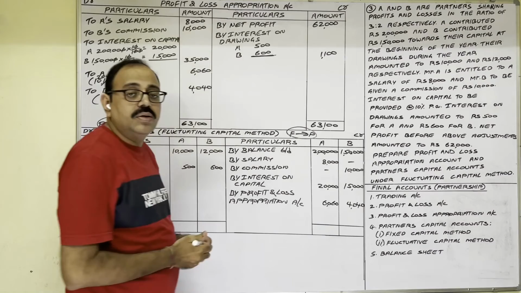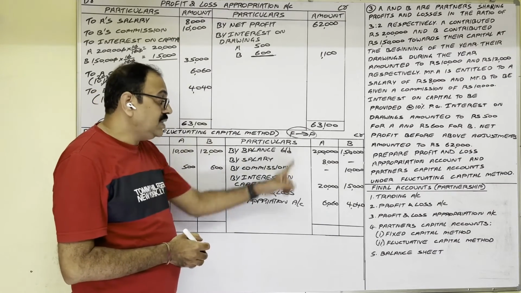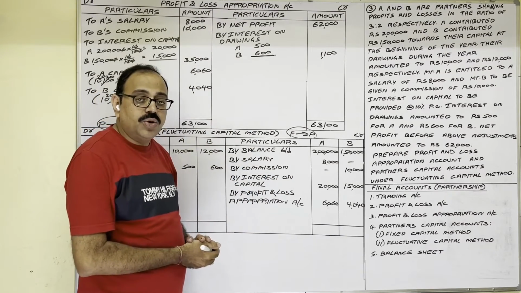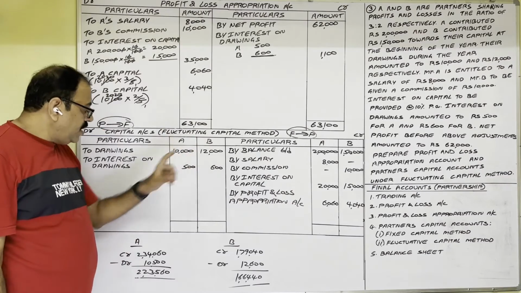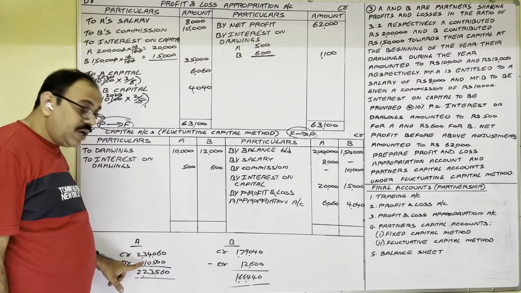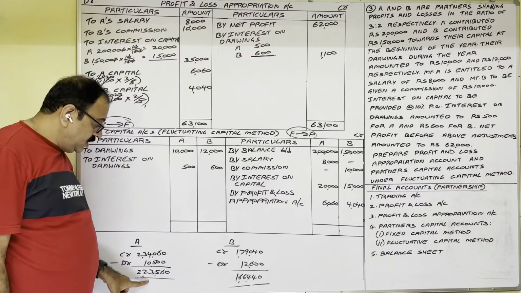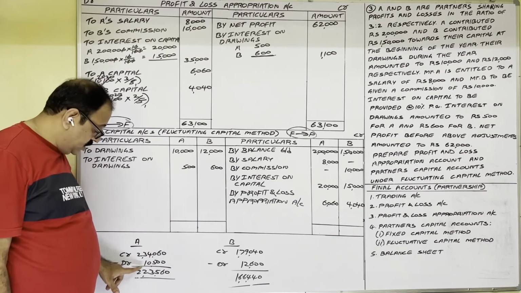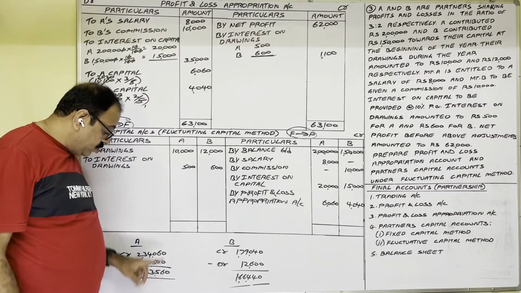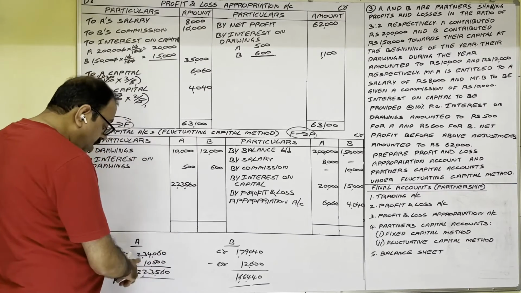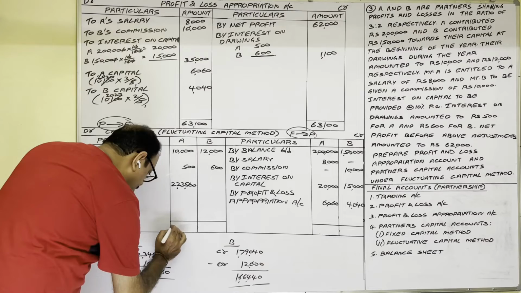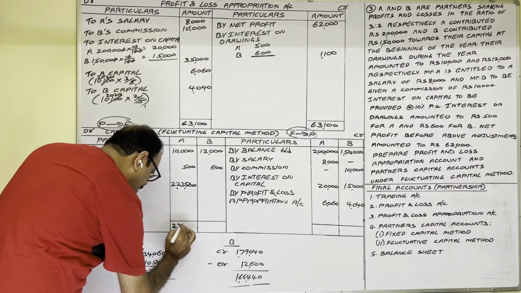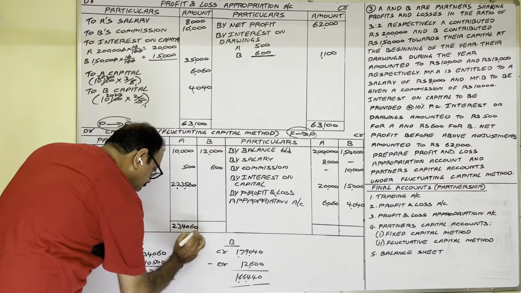Everything is completed. Finally we have to balance the capital accounts. Find out the totals of the two sides. For partner A, the credit total is more than the debit total. So the balancing figure appears on the debit side, because the debit total is less. 2,23,560. Total, highest total of the two sides: 2,34,060 rupees.